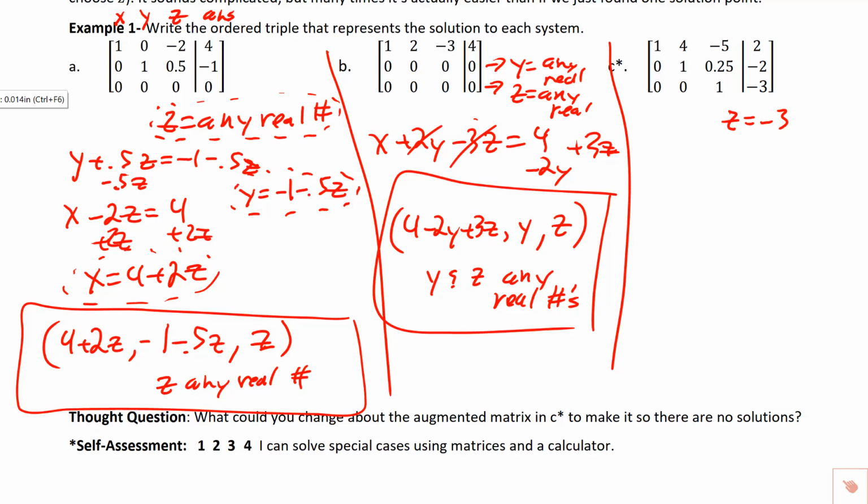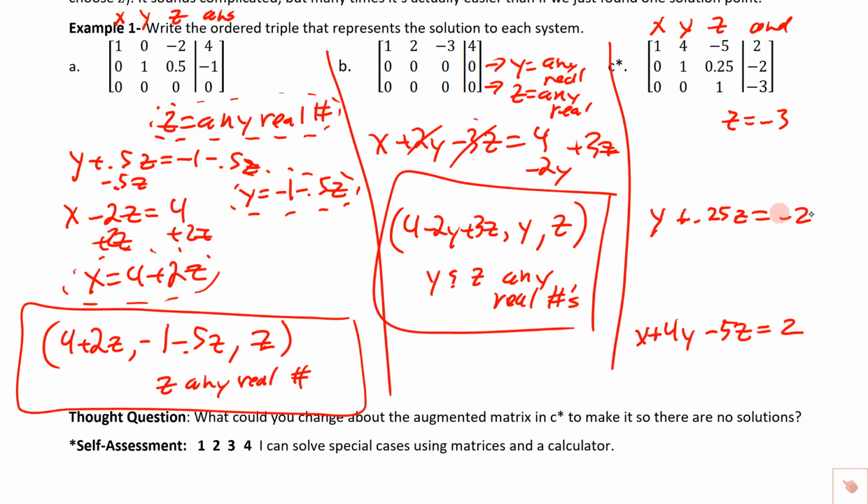So now that we know what z is, let's write down what this other equation means. Remember we've got the x column, the y column, and the z column, and then we've got our answers right here. So this second row represents y plus 0.25z equals -2. And this first row represents x plus 4y minus 5z equals 2.